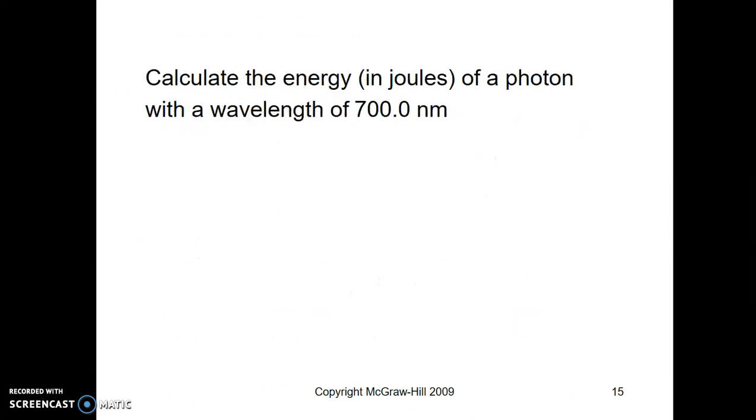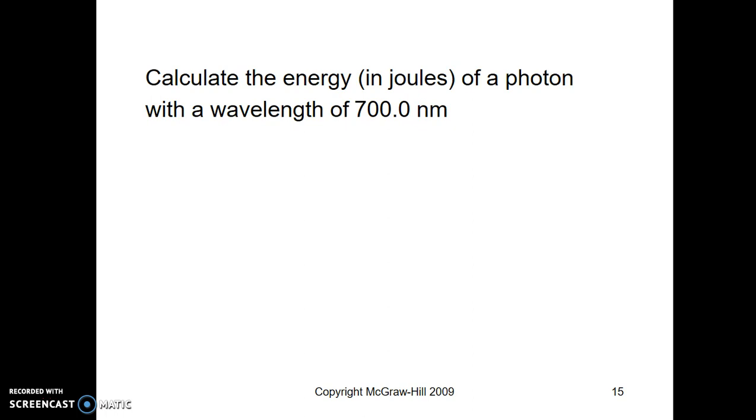We're going to skip over some of that. So calculate the energy of a photon, a photon is that packet of light energy, that has a wavelength of 700 nanometers. All right, important things to note if you're annotating this: energy is what we're looking for, so our units should be in joules.